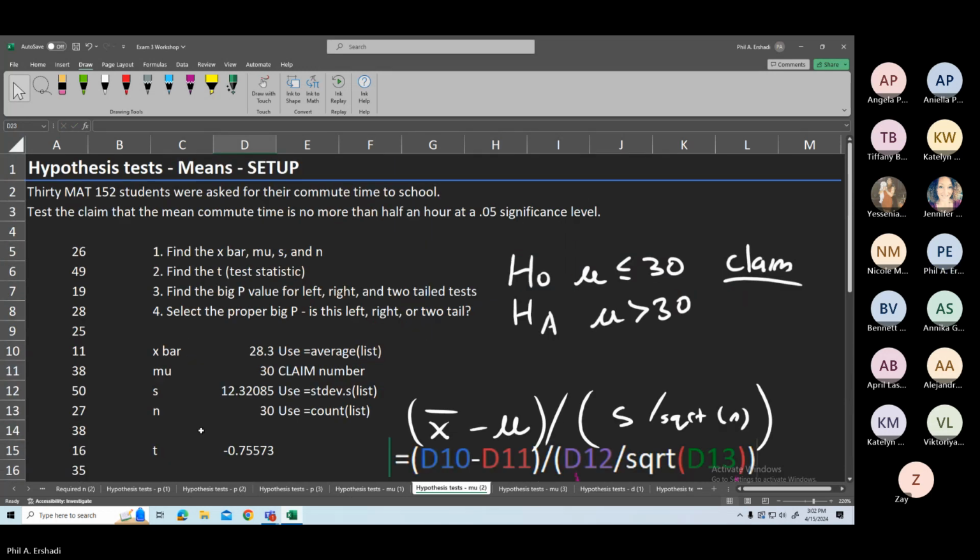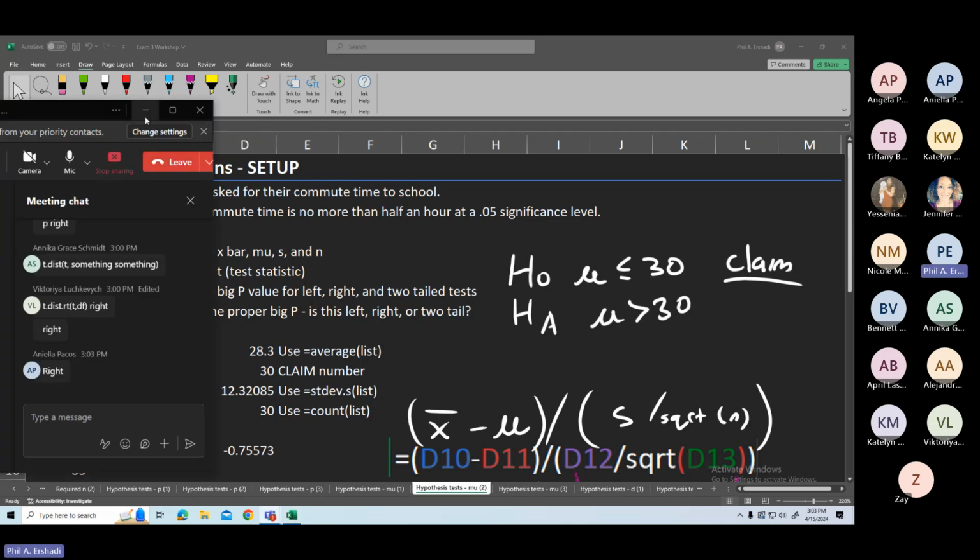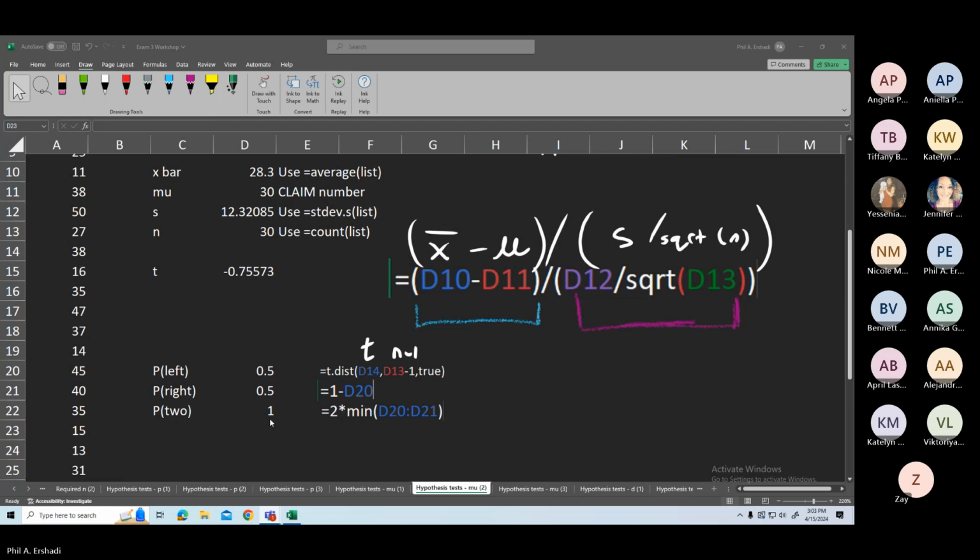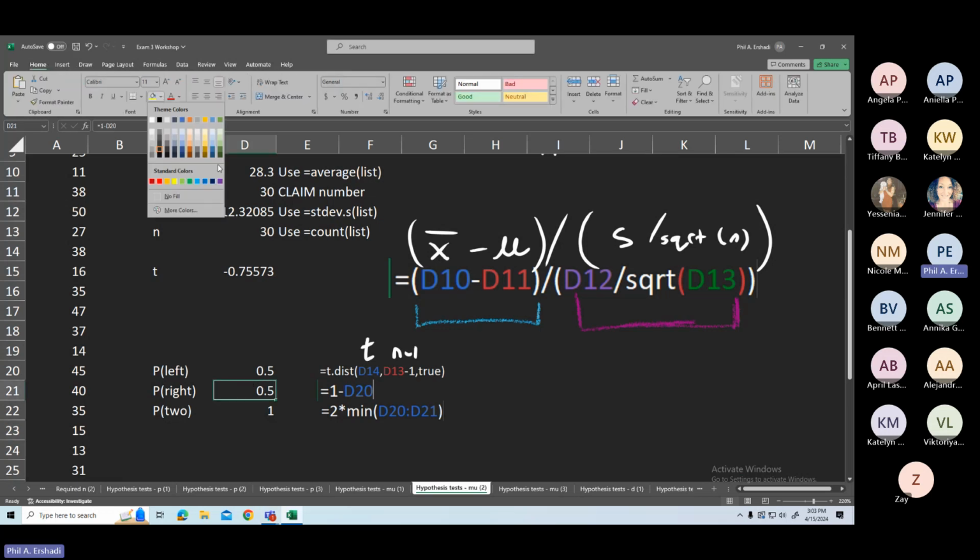So now, if we look to the alternate, is this left tail, right tail, or two tail? It's right tail. Very good. So the right tail right there is the answer. Boom.